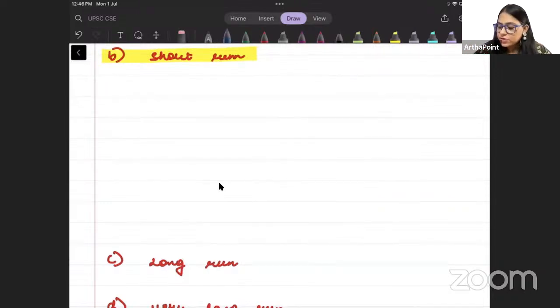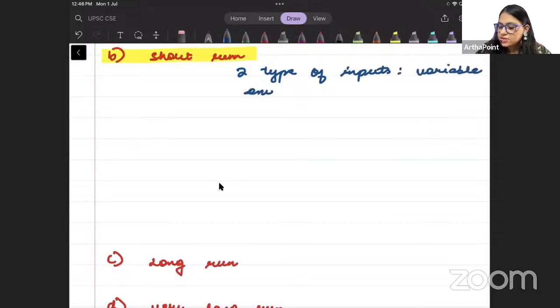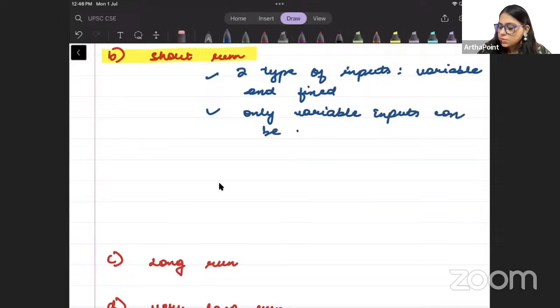So now I have two types of inputs: variable and fixed. And only variable inputs can be changed. सिर्फ वेरिएबल इनपुट्स ही चेंज हो सकते हैं.